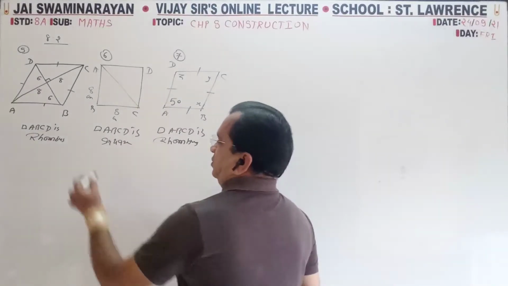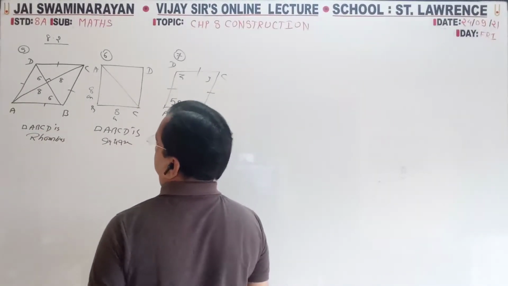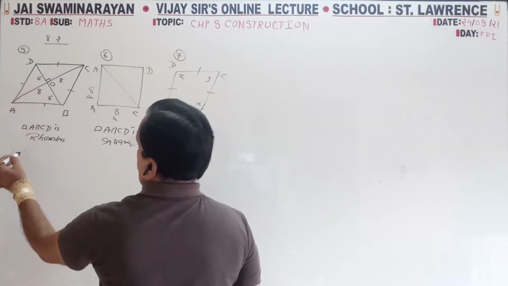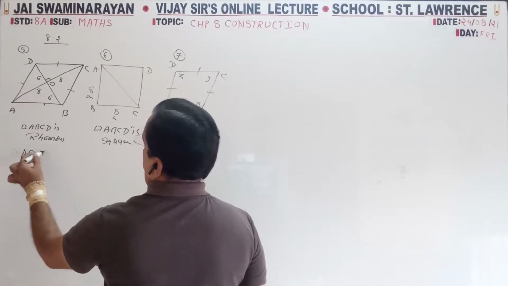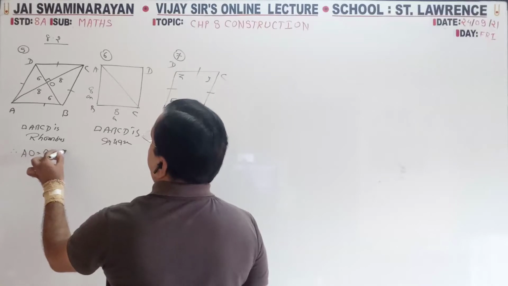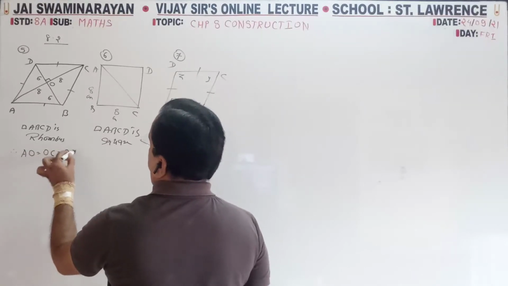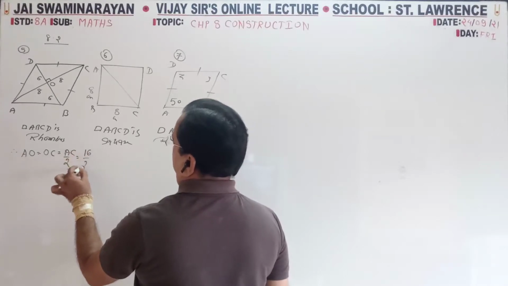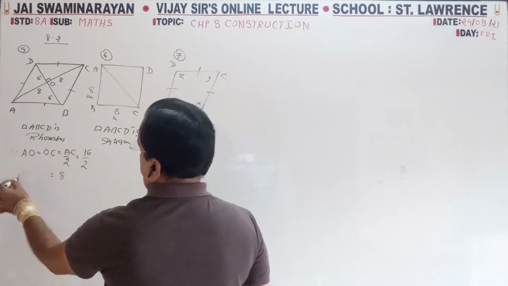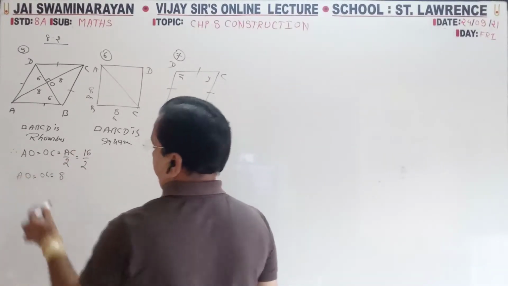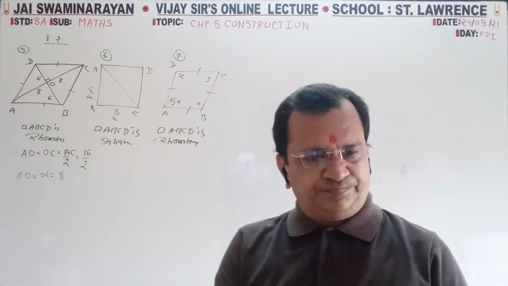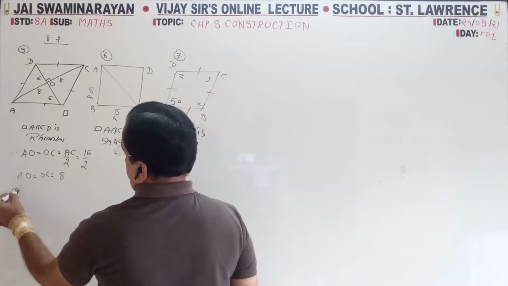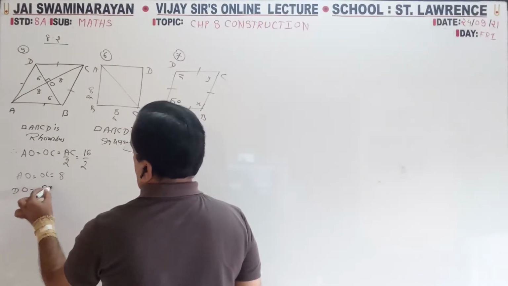Correct. This is a rhombus. Therefore, diagonals are bisectors of each other. So, AO is equal to OC is equal to AC by 2. It is 16 by 2. It is 8. Same, DO and OB.